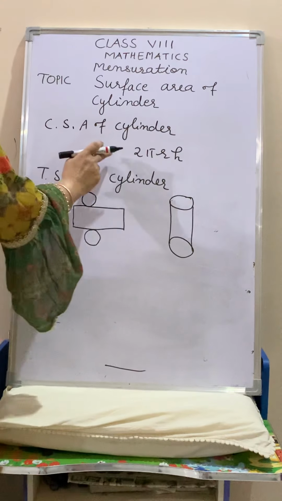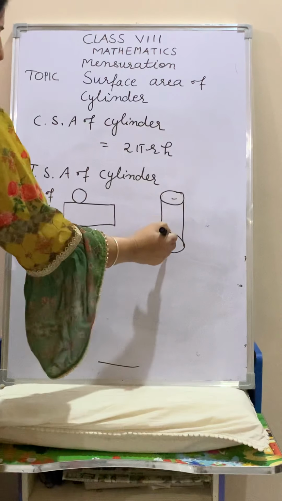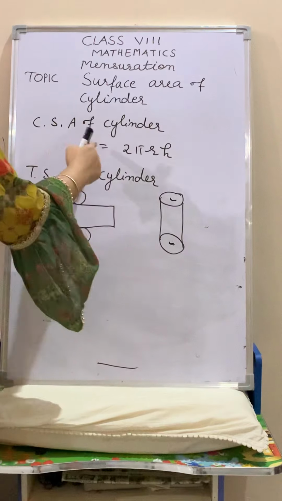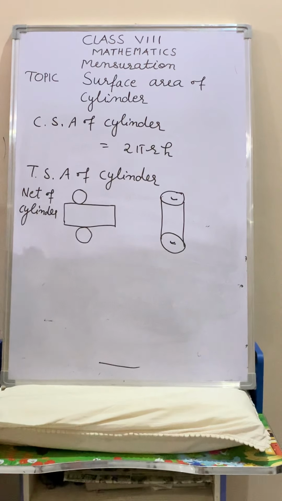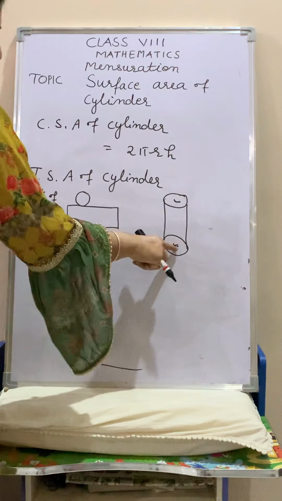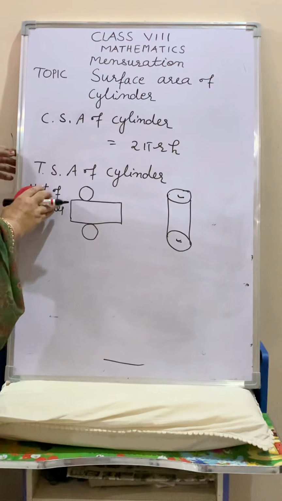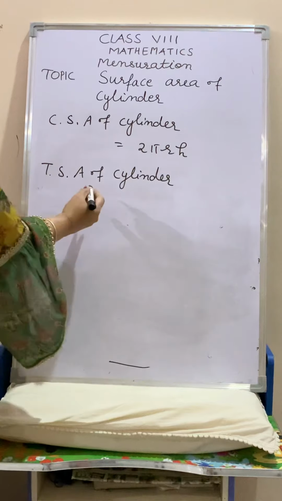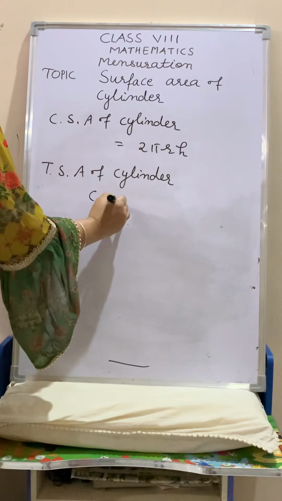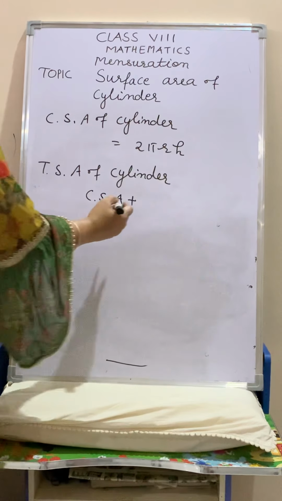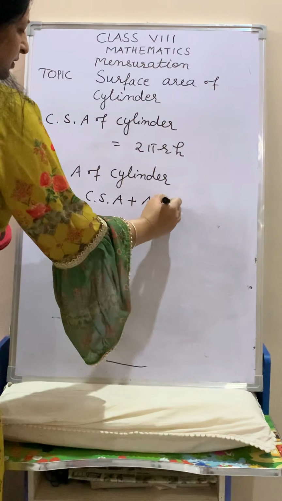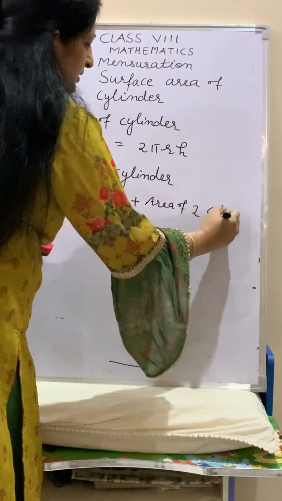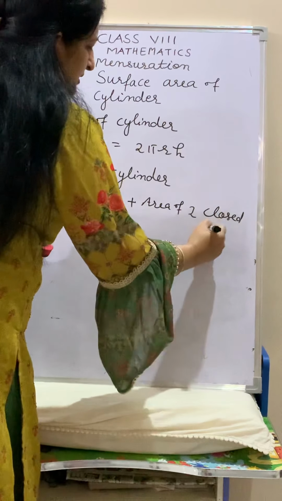In curved surface area, when these portions are hollow, both are open, we find the curved surface area. When one end is closed, then we find curved surface area plus area of two closed ends.